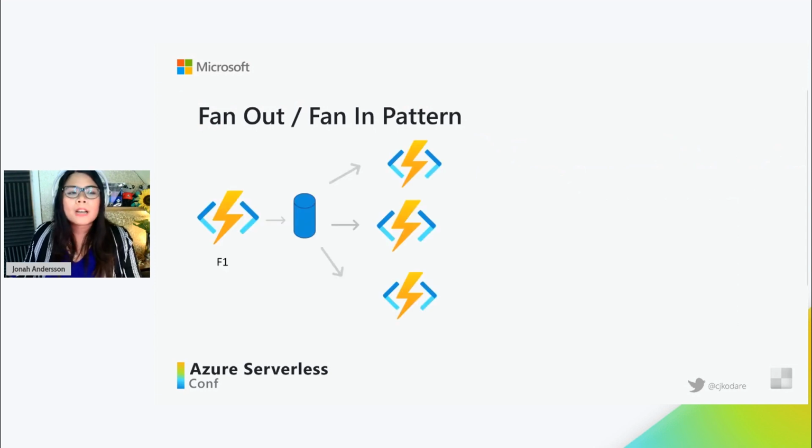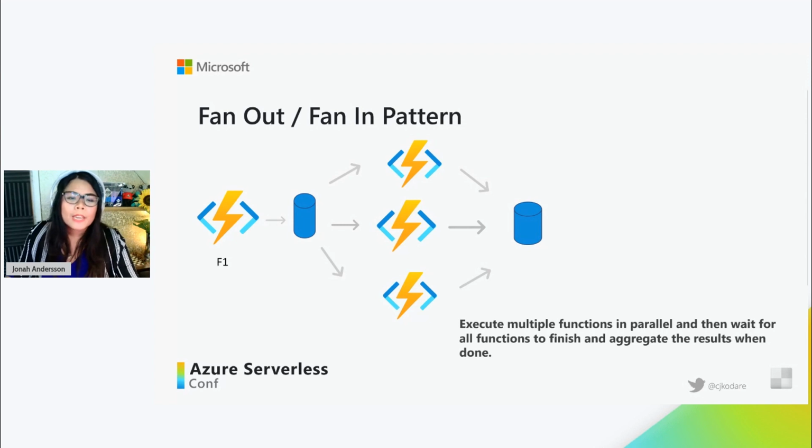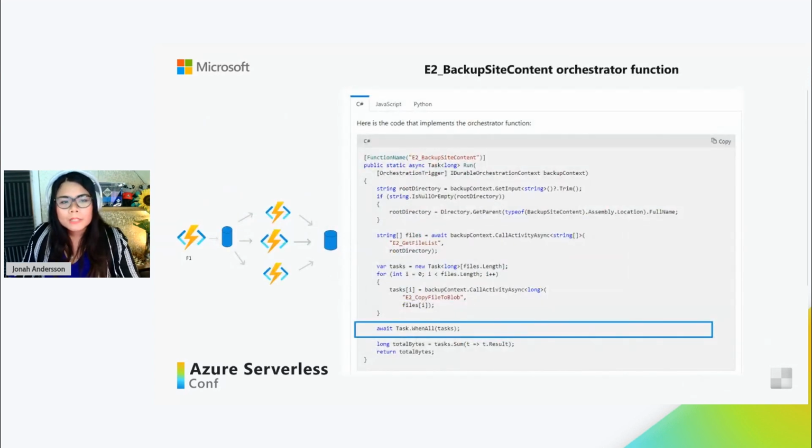So this is how it looks. In the fan out and fan in pattern, you execute multiple functions in parallel, wait for all the functions to finish, and then aggregate the result as one when all of those parallel tasks are done. And this is how it looks in code, for example.